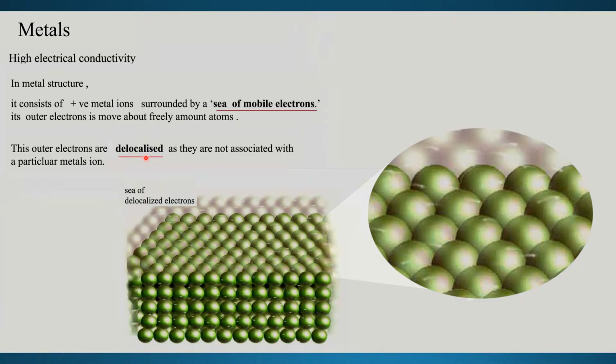So this electron doesn't belong to one atom anymore, but rather it can move to its neighbor. So when you have a group of metal ions together, the electrons will be in one big group, like a sea of mobile electrons.